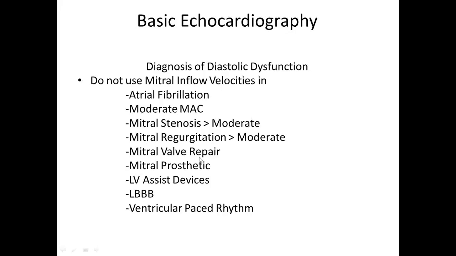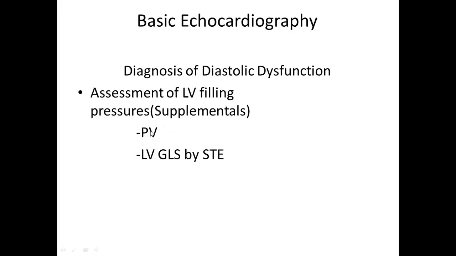If the patient had previous mitral valve repair, a mitral prosthetic valve, left ventricular assist devices, left bundle branch block, or a ventricular pacemaker, you can't use the mitral inflow velocities. Very important. Okay, that is why you have all these supplemental things that I've been telling you.